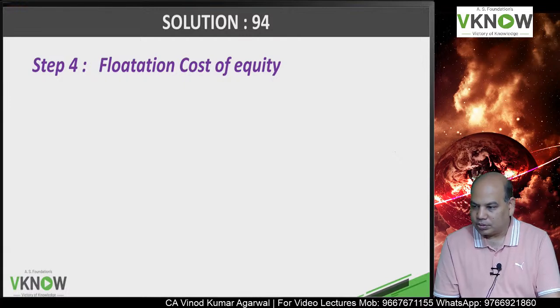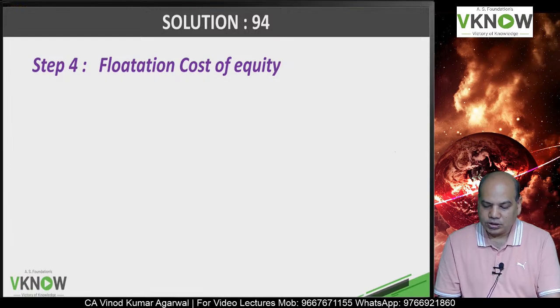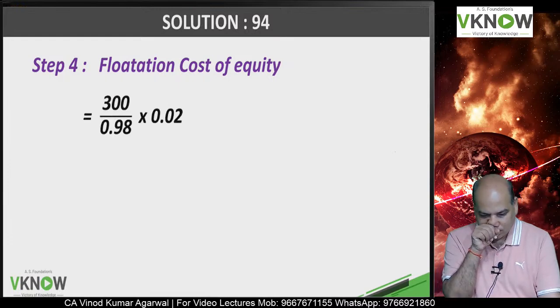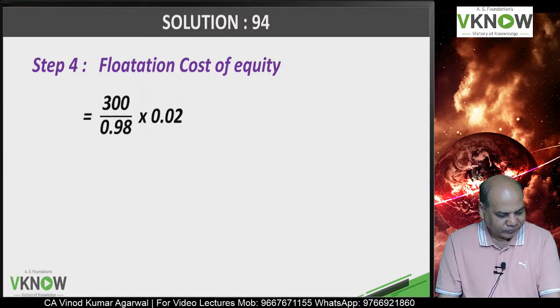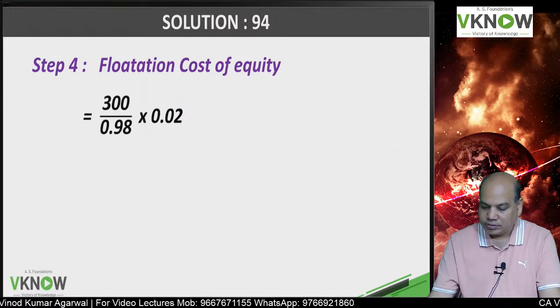Now write down step number 4, flotation cost of equity. Flotation cost of equity will be 300 divided by, your flotation cost is 2%.